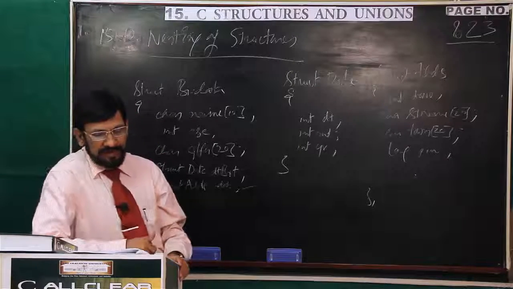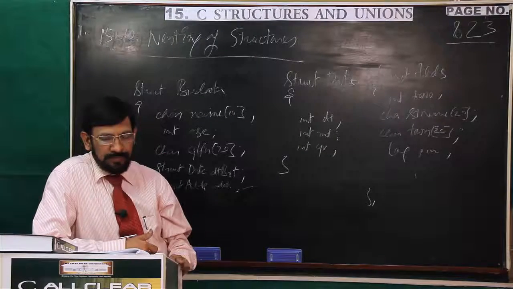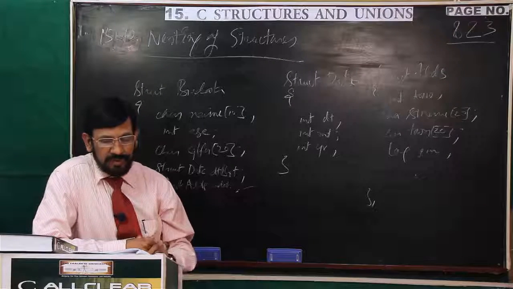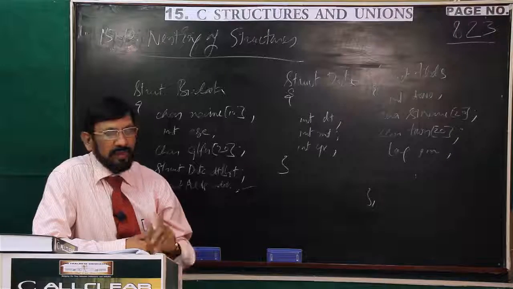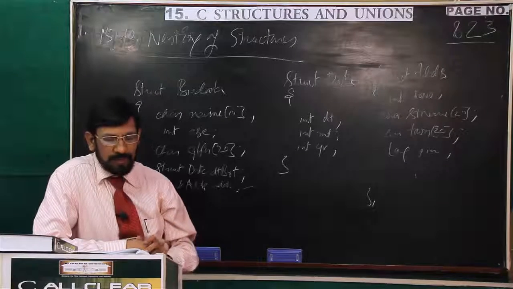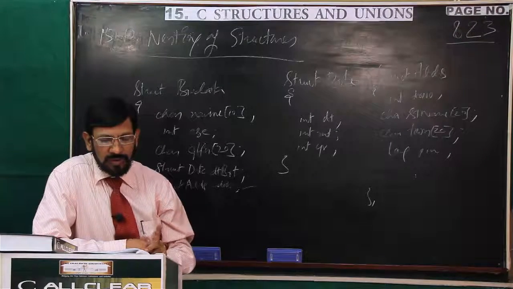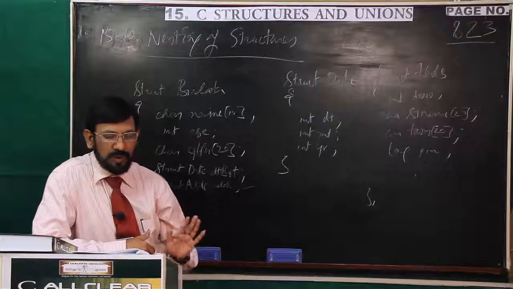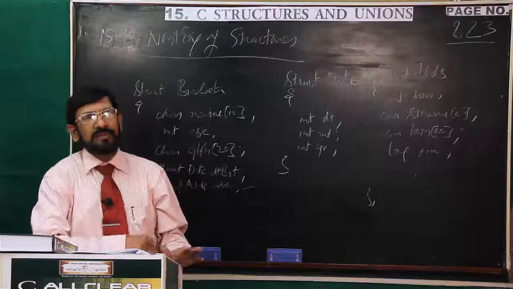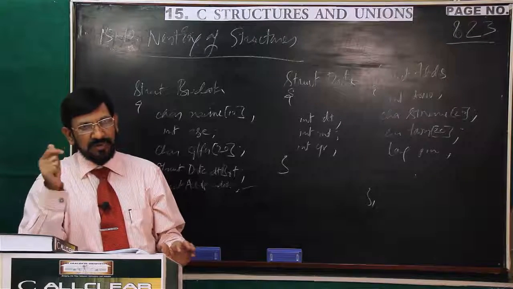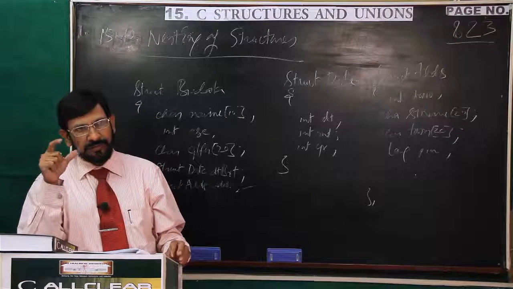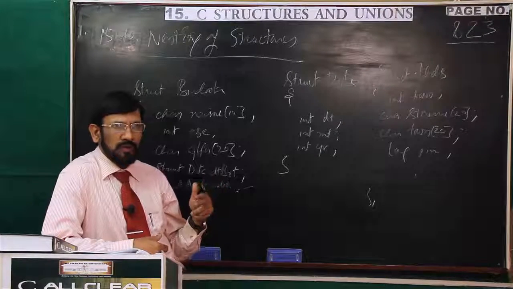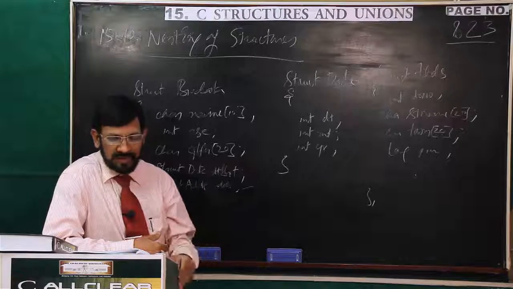Within the biodata structure, line number 21, struct date birth, that means a structure type variable you declared, and line number 24, struct address, address. Now the biodata structure is ready. This process is called nesting of structures. That means within a structure, we have declared one or more structure variables of other structures.